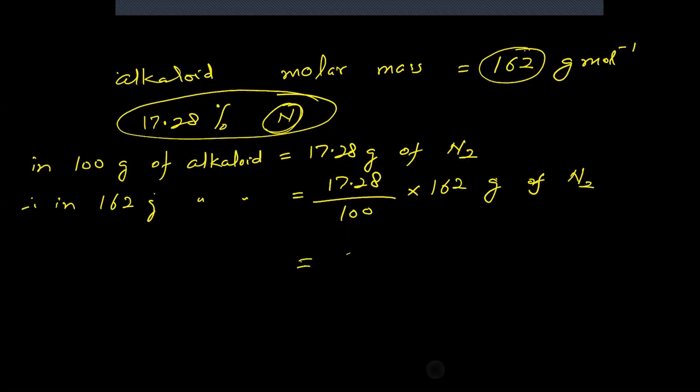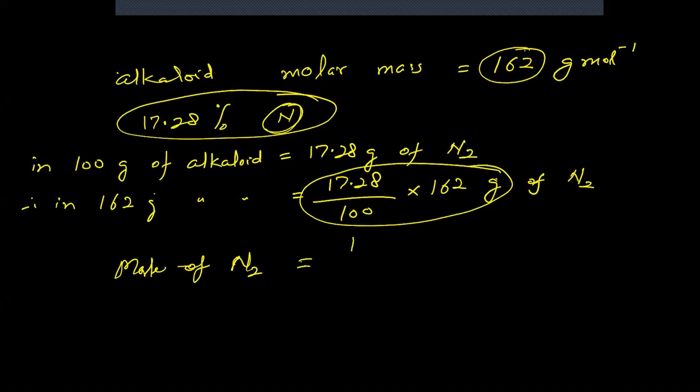Number of moles of nitrogen will be whatever mass is there: 17.28 into 162 divided by 100, divided by the molar mass of the nitrogen atom.